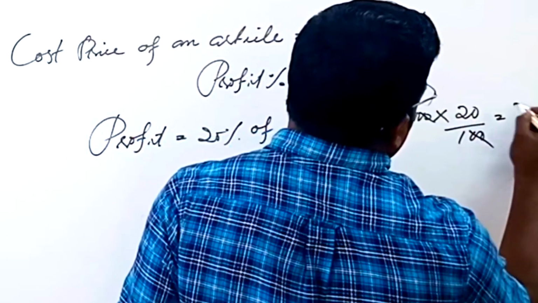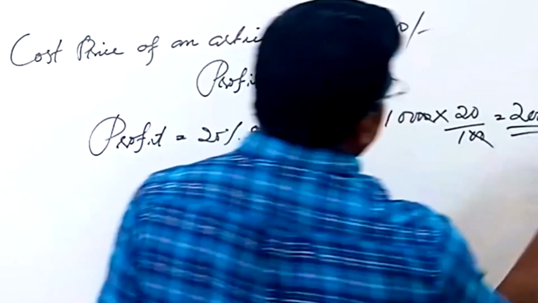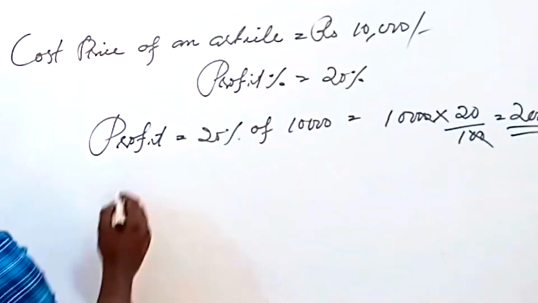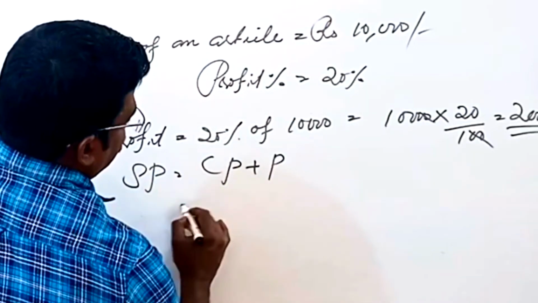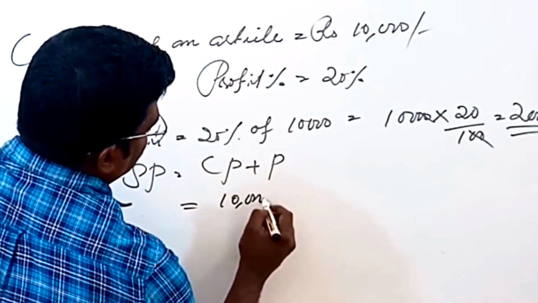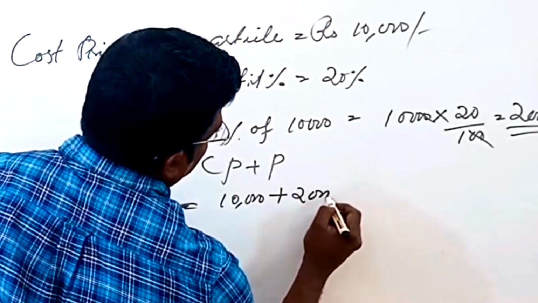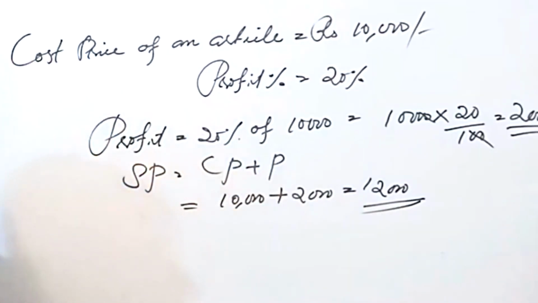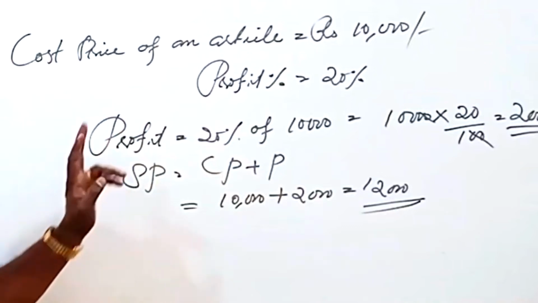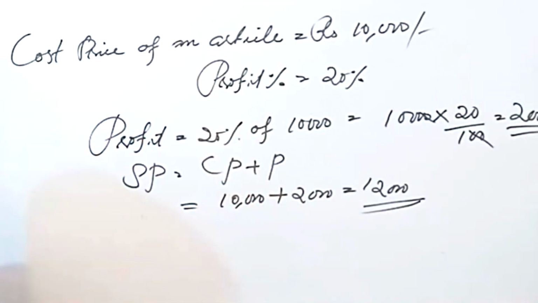So we get rupees 2,000 as profit. Therefore selling price equals cost price plus profit, that is 10,000 plus 2,000, which equals 12,000. In both ways we can find the selling price of that commodity.